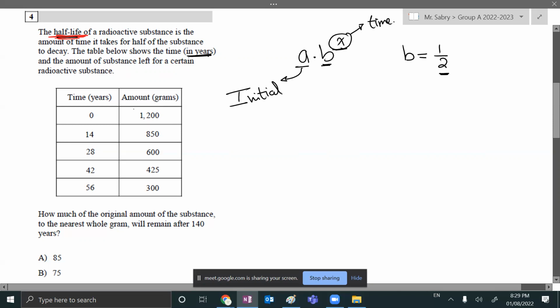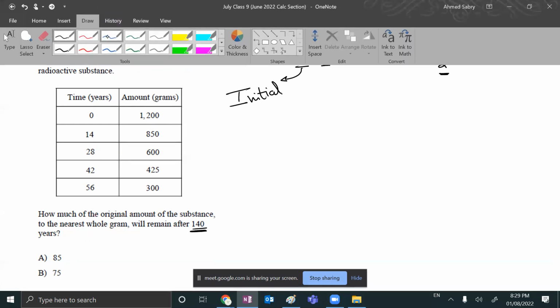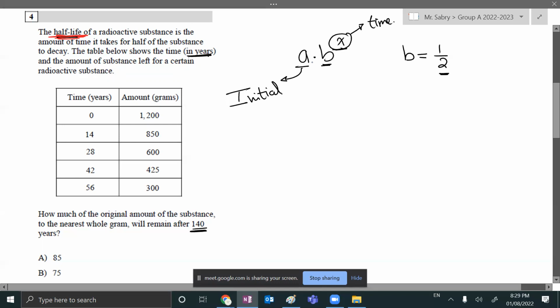How much of the original amount of the substance to the nearest whole gram will remain after 140 years? They need to know how much will remain after 140 years. So we need to create the function. A is the initial value, as I said. How do I find the initial value? When you look at this table, it says here that the year was 0 and the amount in grams was 1,200.